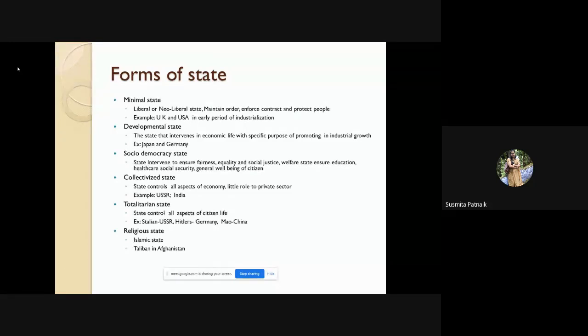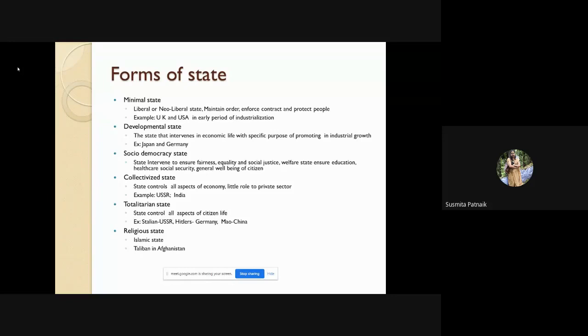Okay, so the state interferes to ensure fairness not only in the political way but also economically, socially, and in education. There will not be any type of bias in that. Just like in India, there is reservation for every caste, or reservation for women, or for minority people. So this is called not fairness.